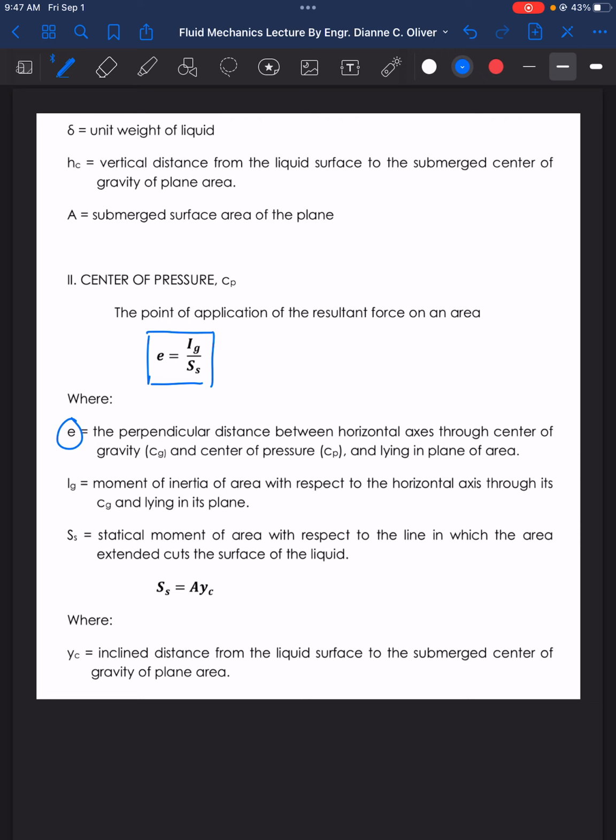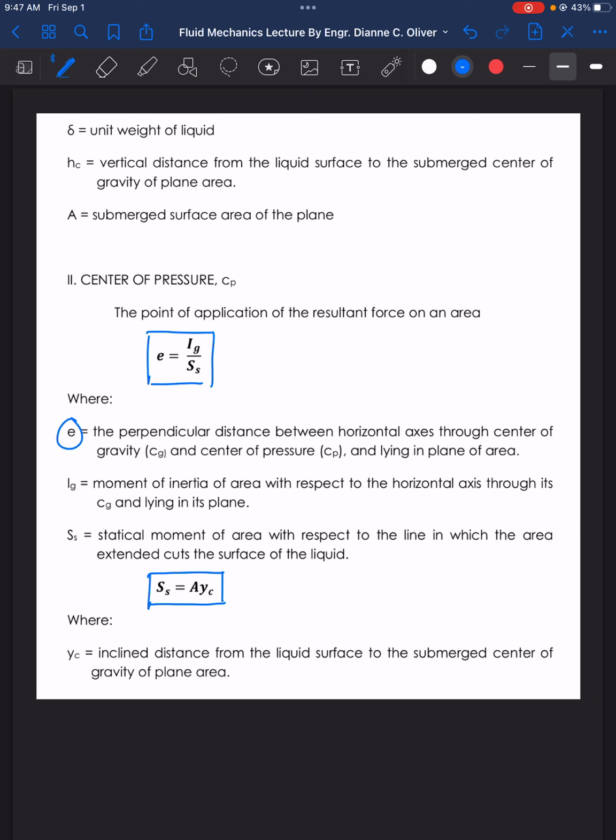Now here is the formula for the Ss. Ss is equal to the area of the surface of the body being submerged multiplied with YC, where YC is the inclined distance from the liquid surface to the submerged center of gravity of the plane area.